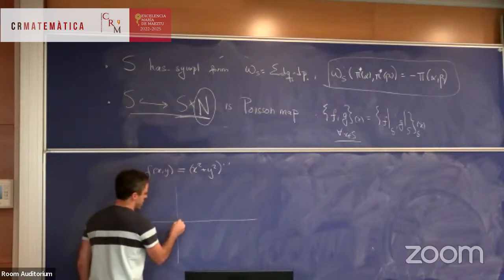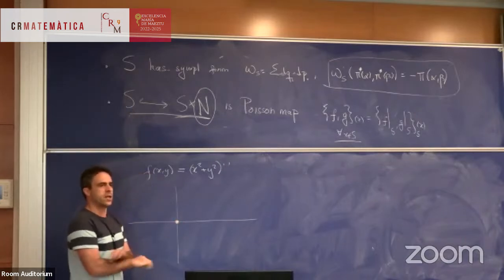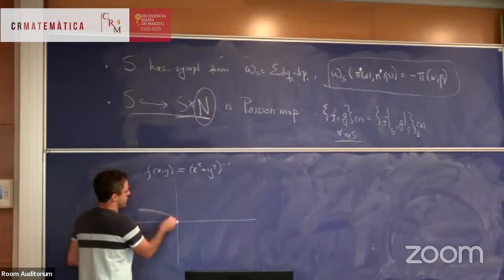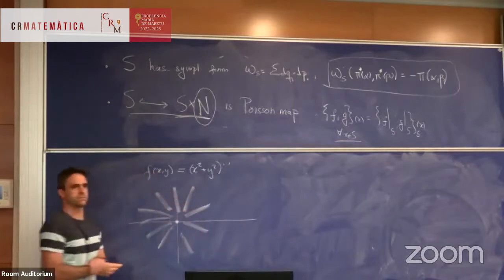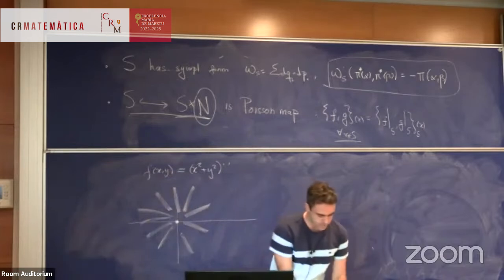Now this has a zero-dimensional leaf here at the origin where this function vanishes, and at any other place this is not degenerate. So you have an open symplectic leaf, which is the complement of the origin. Just to give you a sense of things that can happen.